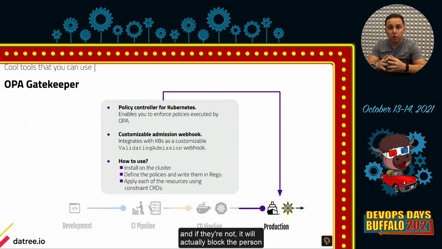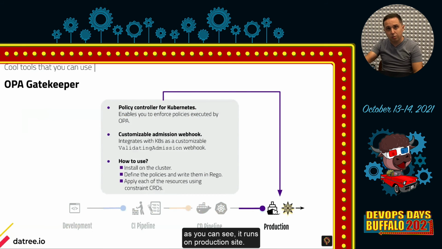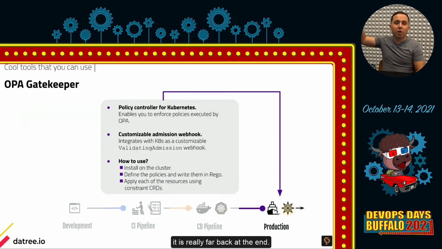And if they are not, it will actually block the person from kubectl applying this change to the cluster. Now, this is the last resort. As you can see, it runs on the production side. And although it is a nice gatekeeper, as it is called, it is really, really far at the end. And I think we should strive to identify those issues ahead of time.